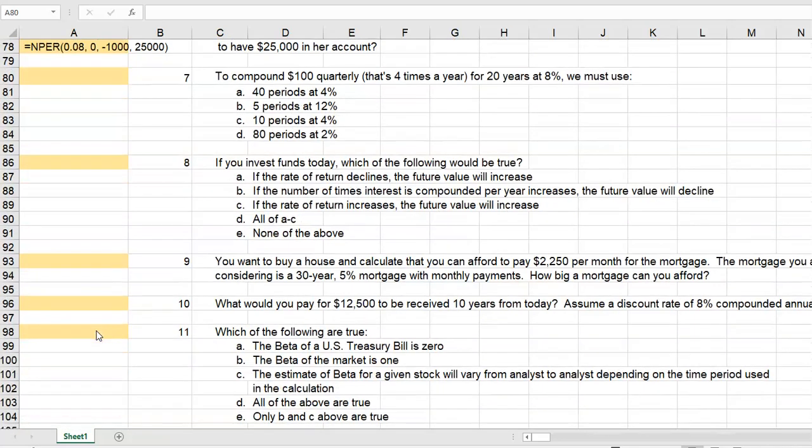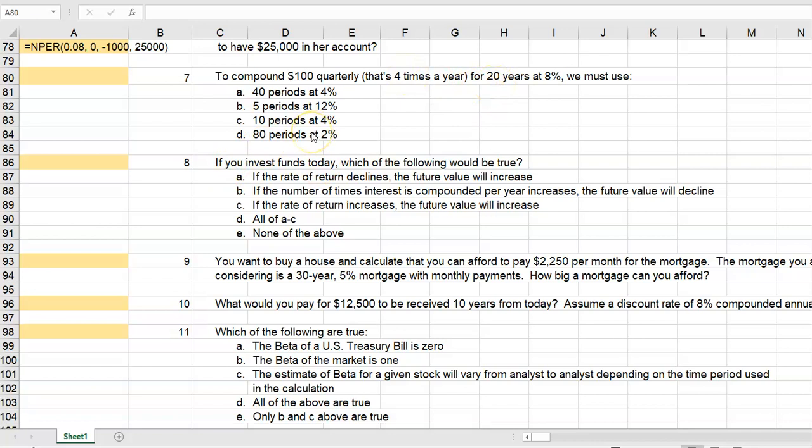Now, again, if you're compounding, let's take this compound. If you compound quarterly, 4 times a year, for 20 years at 8%, what are you going to use in your calculations? Well, think 20 years, 4 times a year. That's 80 periods.